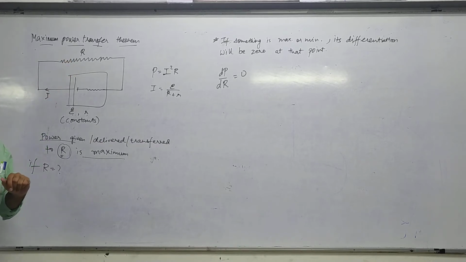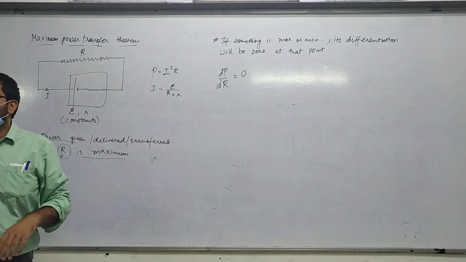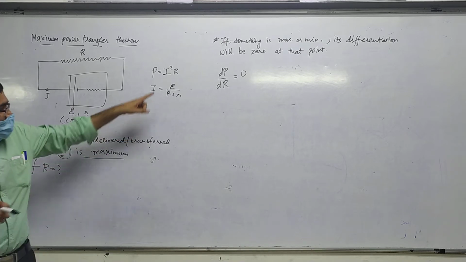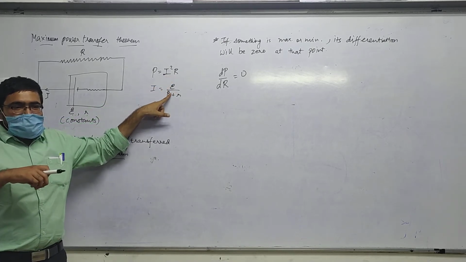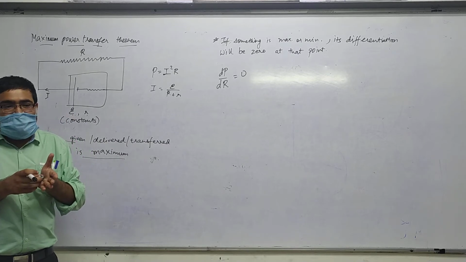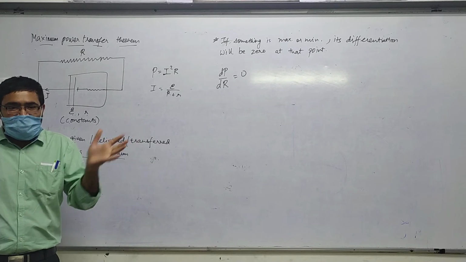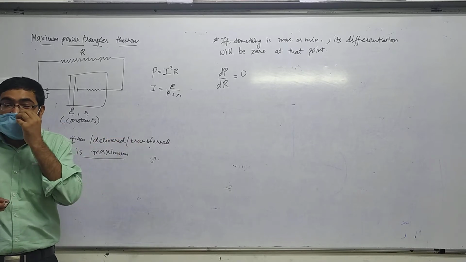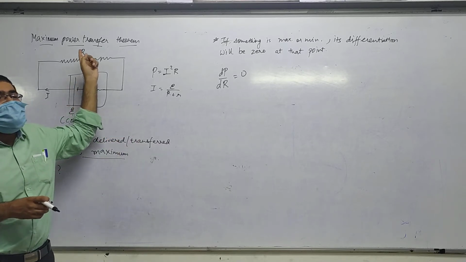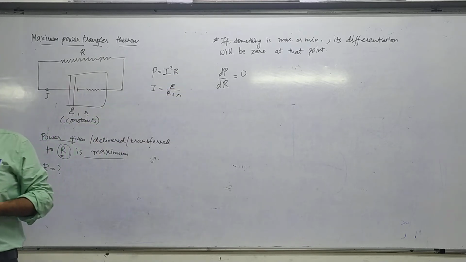The question basically was, should we connect a very large resistance to get more power? Or should we connect a very small resistance to get more power? So how much exactly? That's what we want to find. What should be the value of R when the differentiation is zero? It is a math problem.